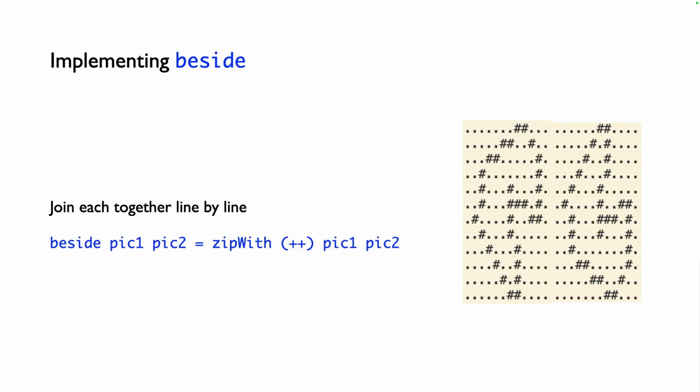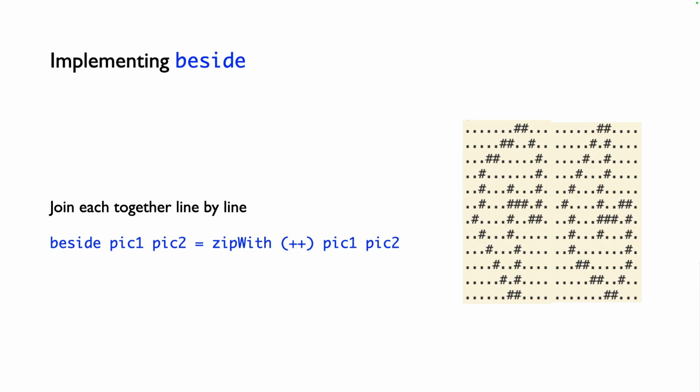What about implementing beside? That's a bit more complicated because we have to join corresponding lines together, and that's what zipWith does for us. ZipWith takes corresponding lines and joins them together with plus plus. So here we have beside of pic1 and pic2 is zipWith applied to plus plus and pic1 and pic2.